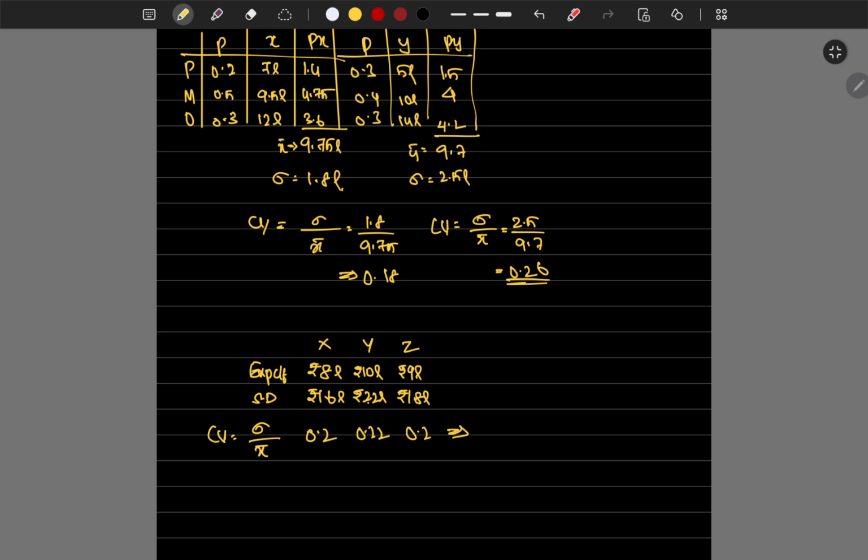The total of 0.2 plus 0.22 plus 0.2 divided by 3 is 0.2067, which is the industry CV.